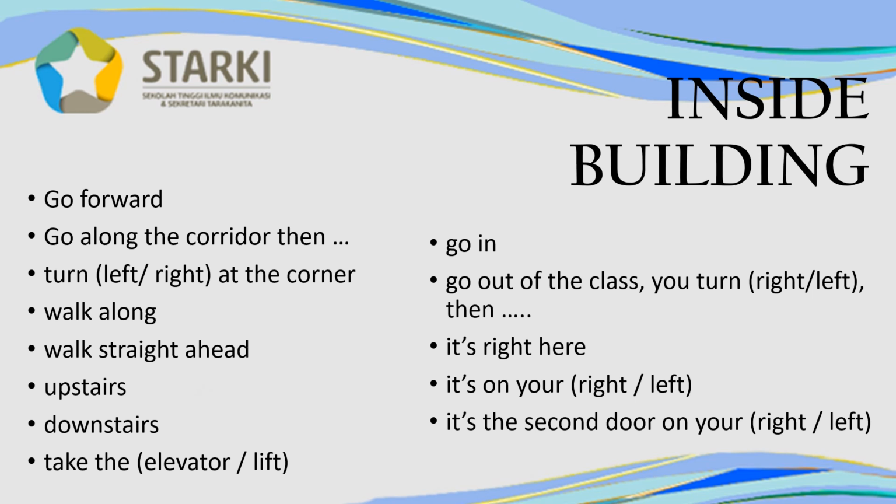Inside building, for example, could you tell me the way to the library, please? Oh, okay. You go forward and then you will find room A on your left. You go straight forward and then the library is on your left.